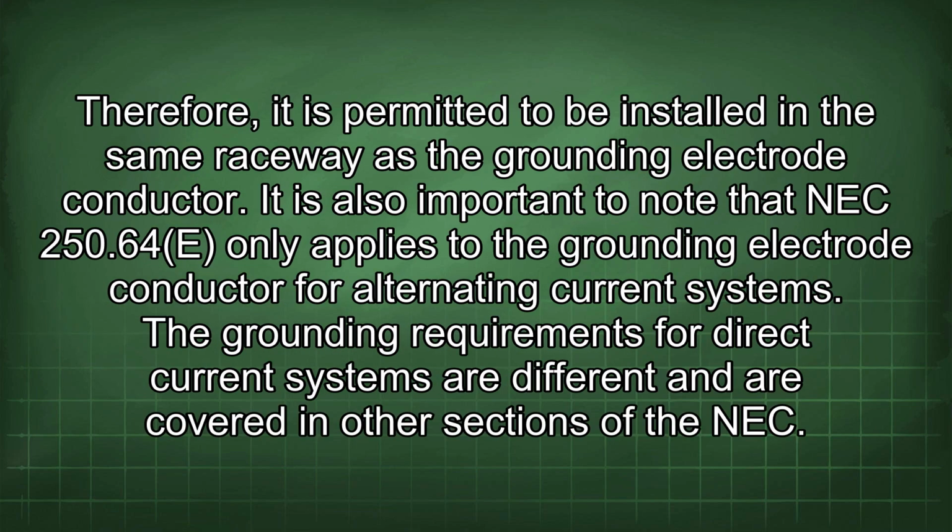Therefore, it is permitted to be installed in the same raceway as the grounding electrode conductor. It is also important to note that NEC 250.64 only applies to the grounding electrode conductor for alternating current systems. The grounding requirements for direct current systems are different and are covered in other sections of the NEC.